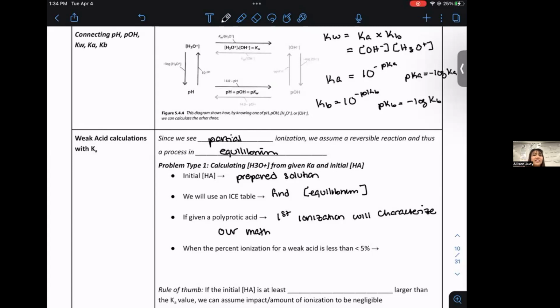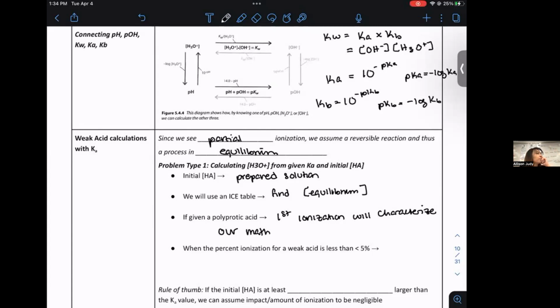So this would be the Ka and the Kb for the same acid, and instead you're just reversing how you look at it. So this would be the Ka and Kb for a conjugate pair. It's not the Ka and Kb for different chemical species, it's a Ka and Kb for which direction you're looking at the pair.